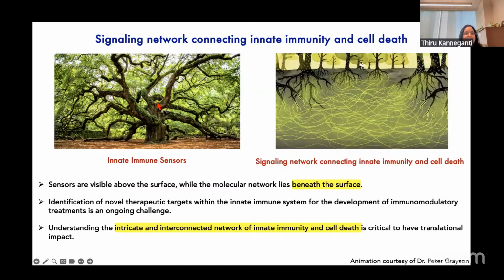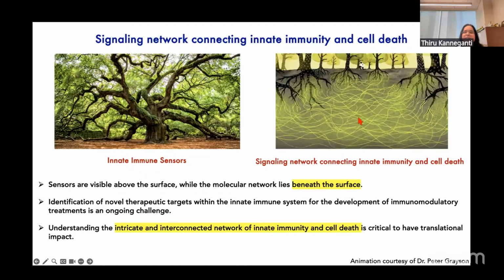So you can just imagine how conceptually we miss a lot of things, thinking that this is one tree or a trunk. But here you can see the network of molecules that could be connected, that could be leading to the phenomenon in health and disease. So unless we really nail down the signaling pathway or the network of molecules that are interacting, we can never find targeted therapeutics.